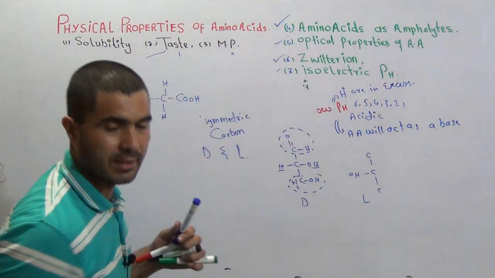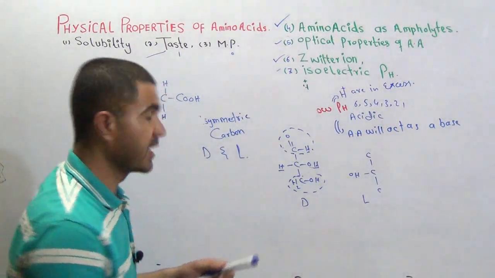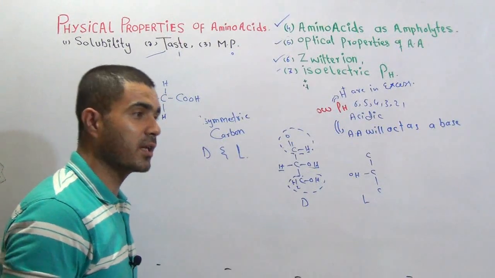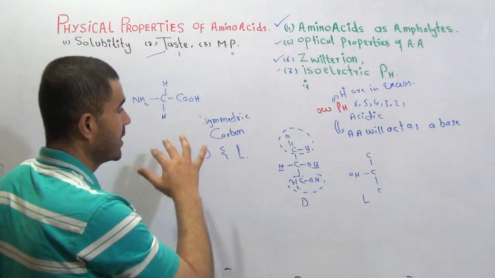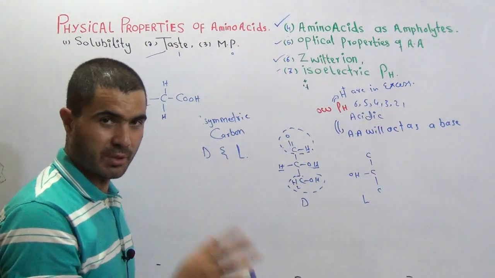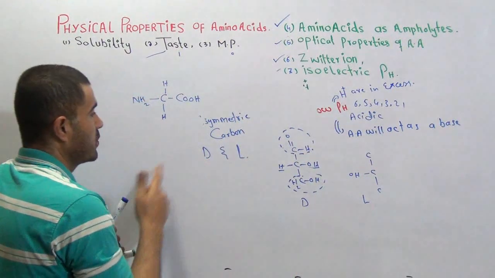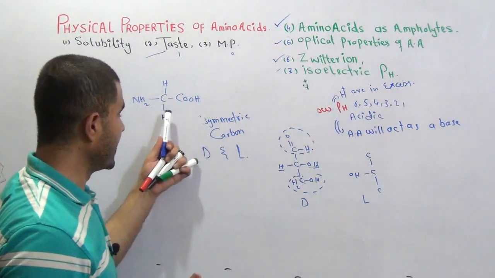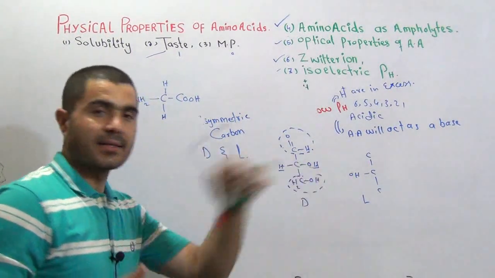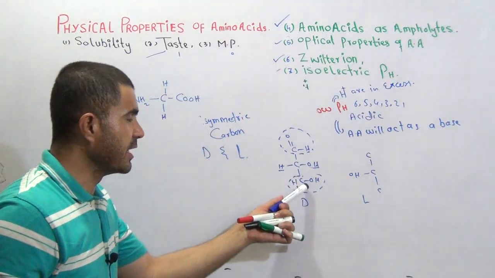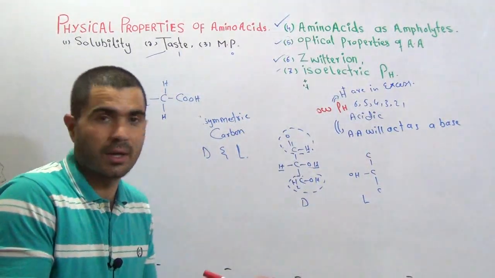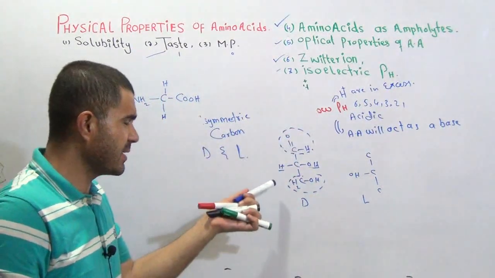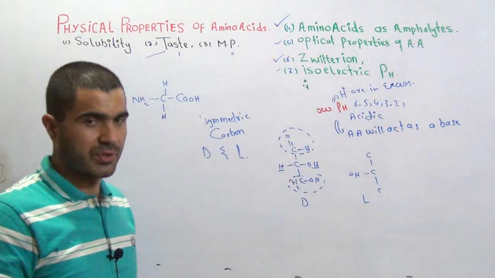Excluding glycine, all other amino acids have one or more asymmetric carbons, so all other amino acids show optical isomerism. Some amino acids may be D amino acid or L amino acid. D and L amino acids are named according to glyceraldehyde. For this reason we call glyceraldehyde a reference sugar, because we compare other molecules with it. Glyceraldehyde is actually a carbohydrate, a monosaccharide.